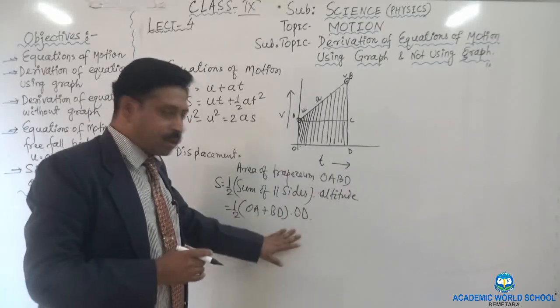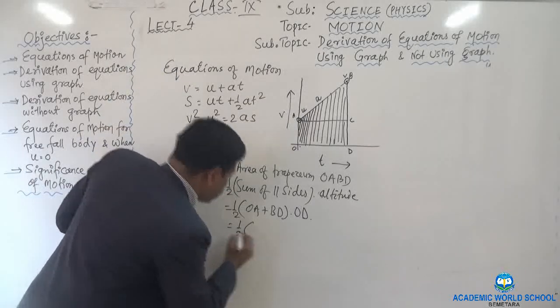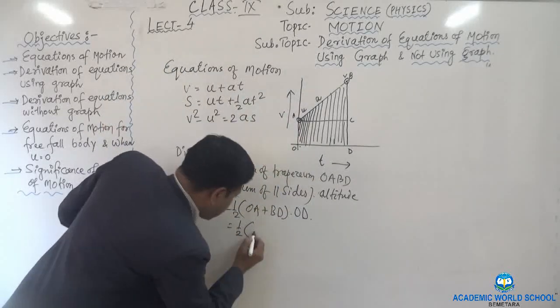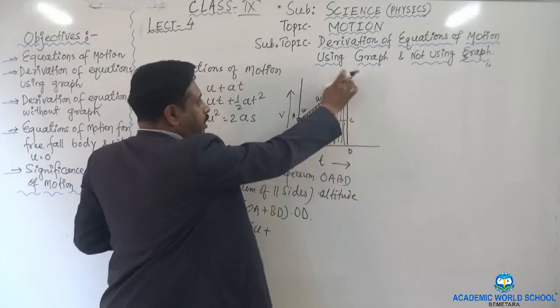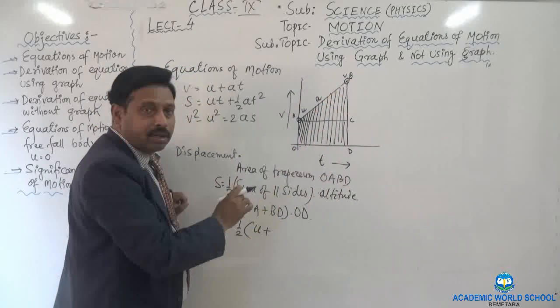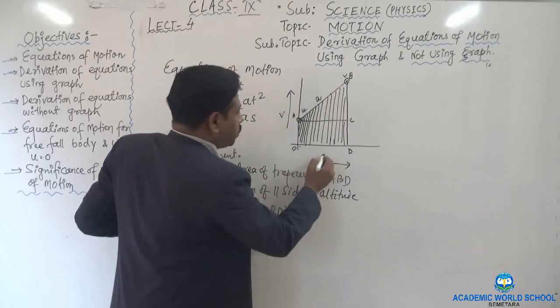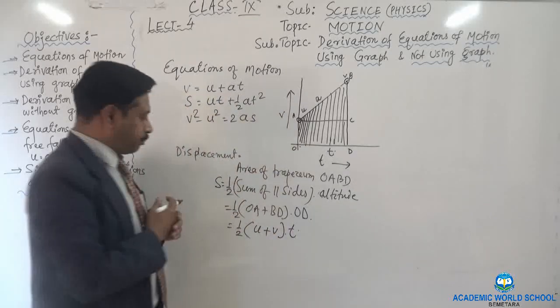Altitude is OD. Right? So I have to put the values now. Half into OA. The value of OA is u. So let me write down here u plus BD or D to B. The value is v, for final velocity v, into OD. OD is what? Time t. Okay? So write down time t.